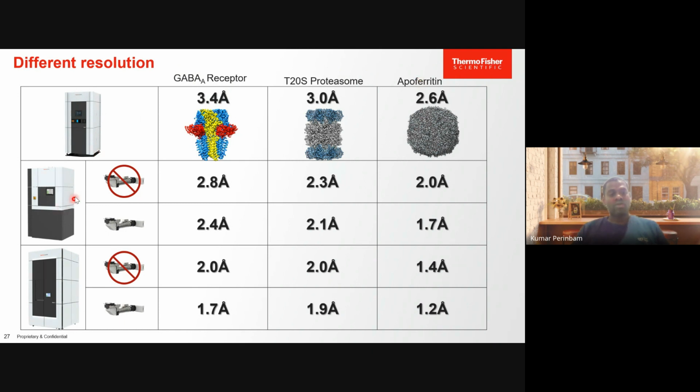Once you have Glacios, without selectors, that's 200 kV, you already get like 2.8 angstrom resolution, which is a big shift. And the moment you add selectors, you are already at around 2.2 angstrom resolution, and as you can see at 300 kV you are around 1.7 angstrom resolution. And for apoferritin you can see that you can shift it from 100 kV. At 300 kV with the selectors, you will get around 1.2 angstrom resolution.